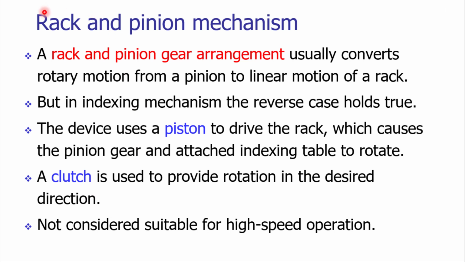These types of arrangements are not suitable for high speed operations, since they are mechanically interlocking with each other, when we want to have very high speed indexing. For that purpose these kinds of arrangements may not be suitable. So let us look at the schematic, or let us look at the arrangement.